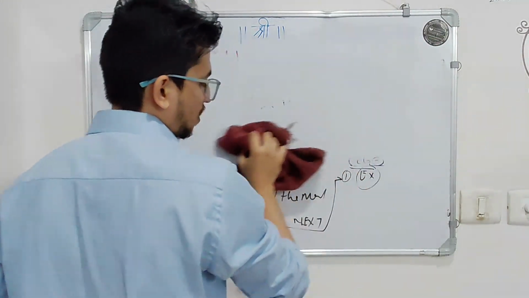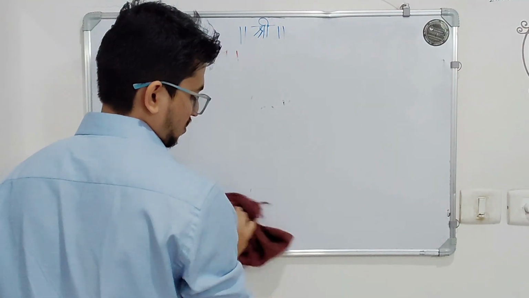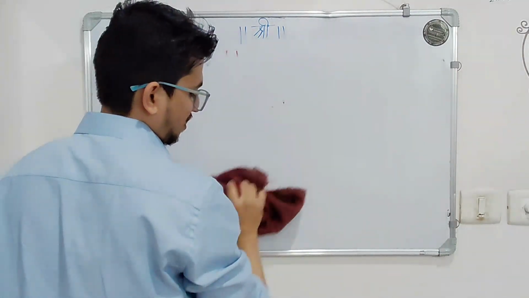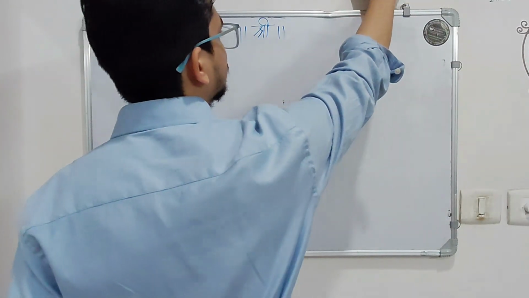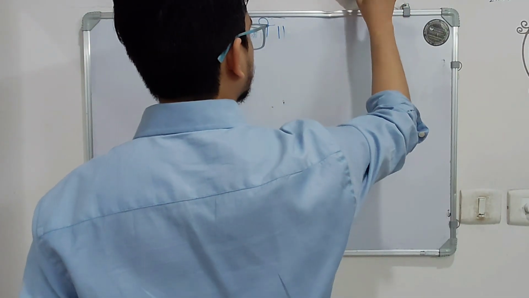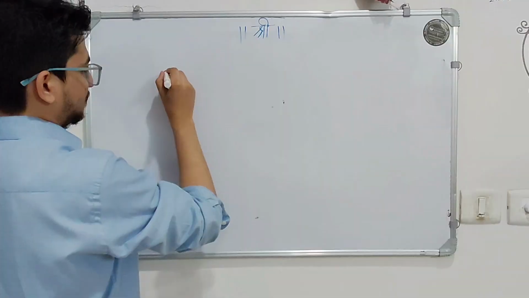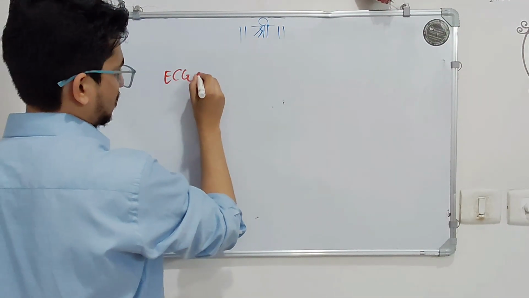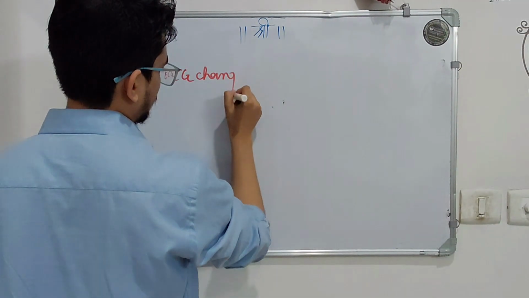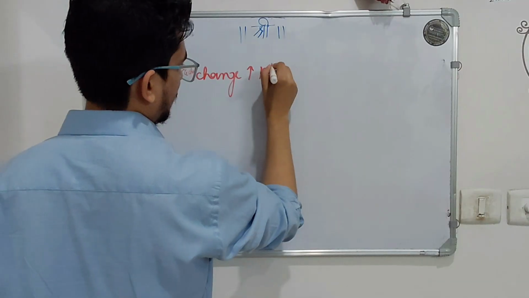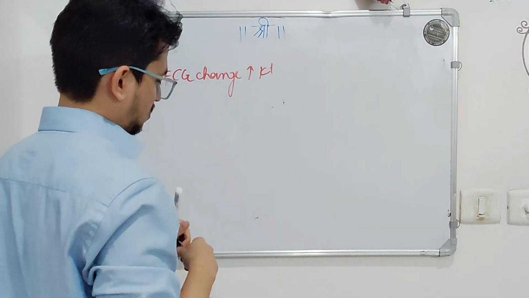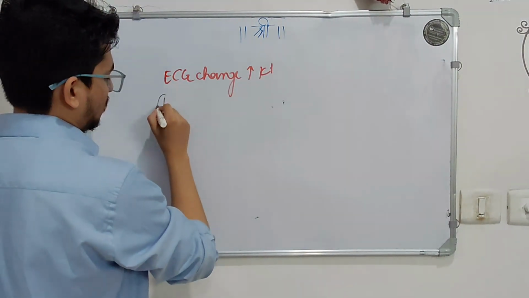First of all, what are the ECG changes we'll be able to see in hyperkalemia? First, tall T waves.